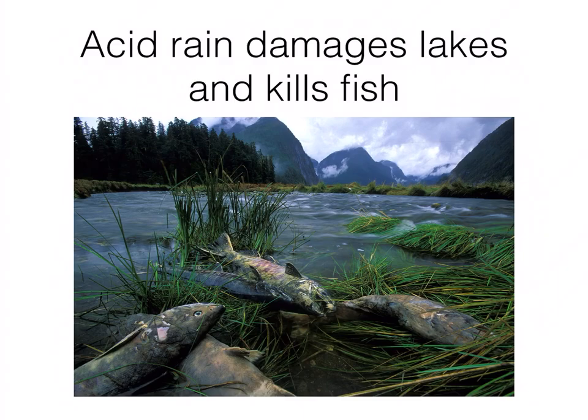So the pH has now gone from 5.6 to below 4.3. And what happens is when you have acidic water like that, it damages the fish eggs, okay? So the fish aren't able to hatch anymore. They lose their fertility, basically. So the fish don't hatch anymore. And what happens is they die off and then there's no more to replace them. So fish life totally disappears from the lakes.